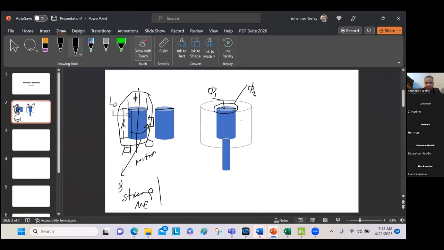The phi is just diameter. I don't know the standard, American phi is diameter. Yeah, it doesn't matter.